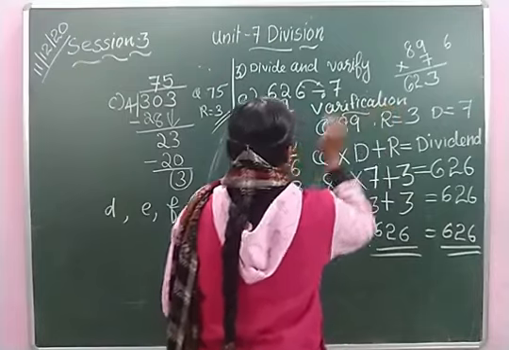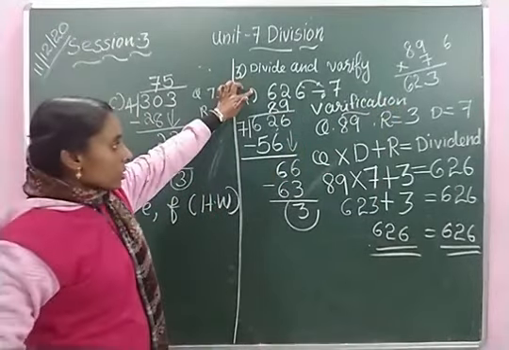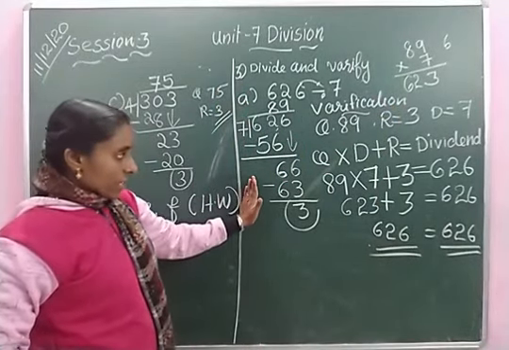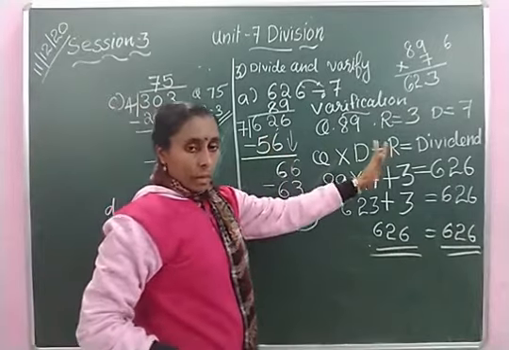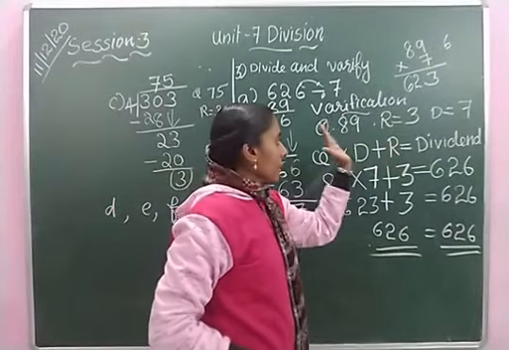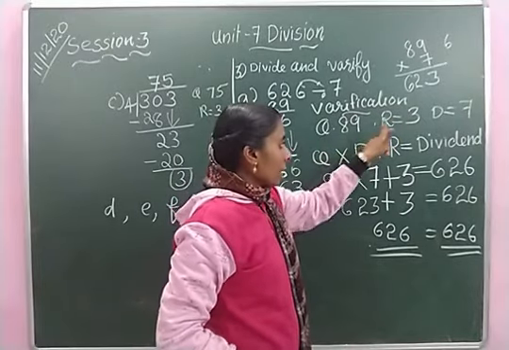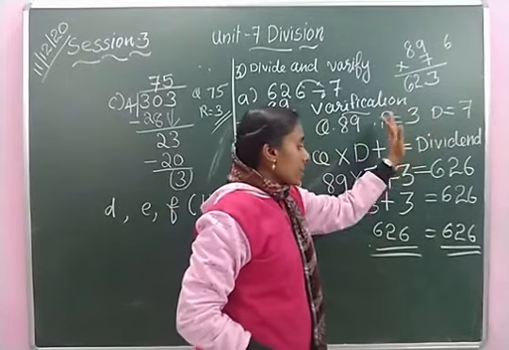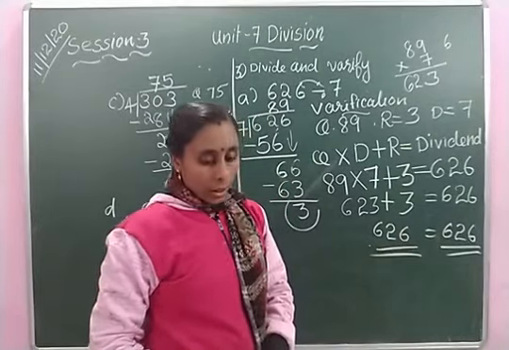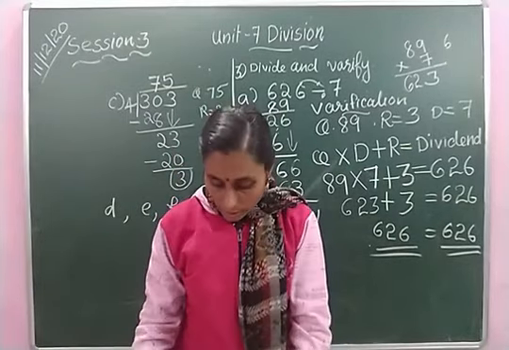I shall tell you how to write it. First you write the question, then you write the division on that side. After writing this side you will get a place. There you write verification, then you write quotient, divisor and remainder. Then write all these steps. In the book, it is on one side.